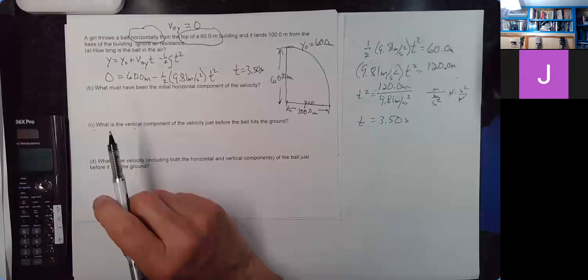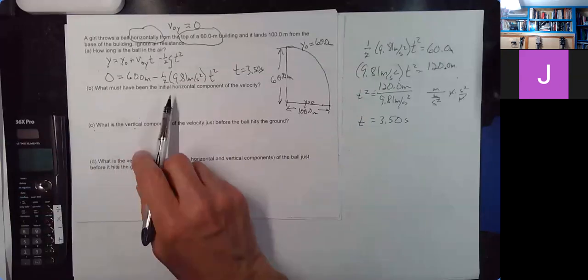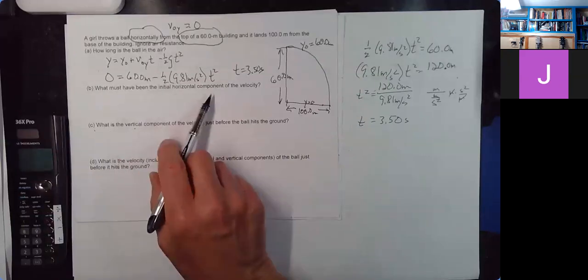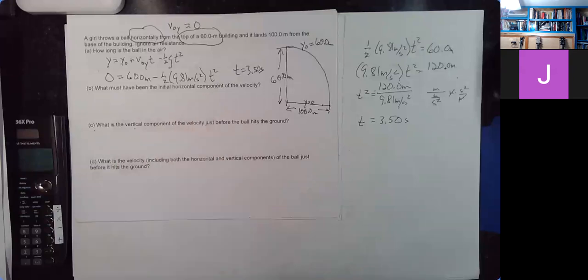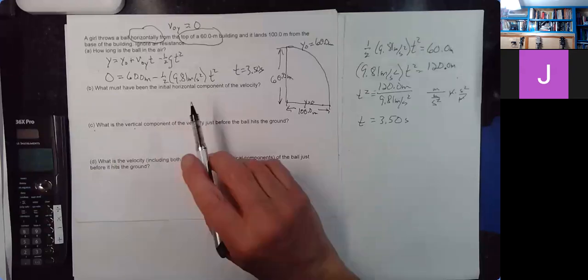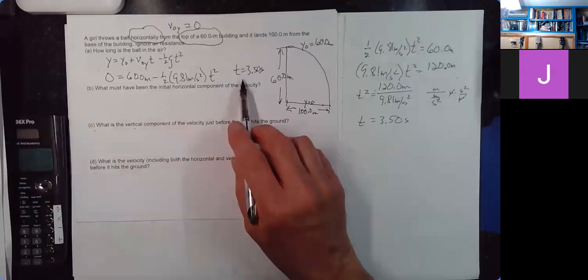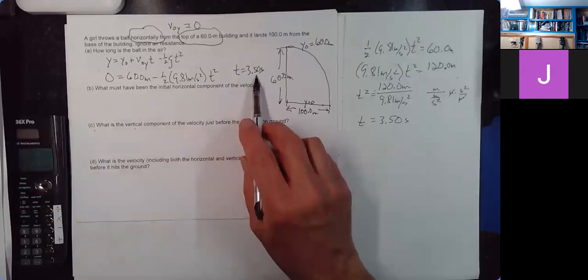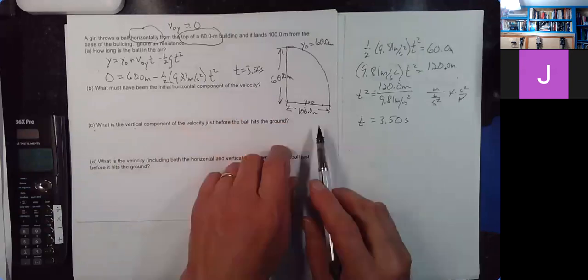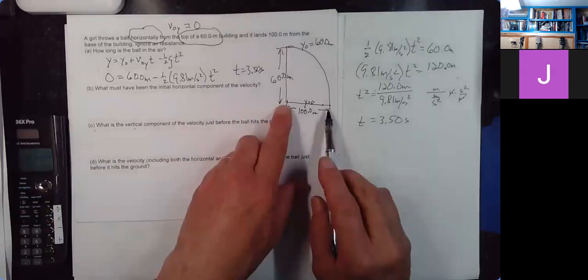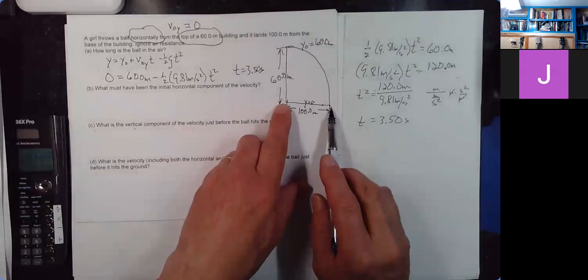Now, what must have been the initial horizontal component of the velocity? How could we possibly figure that out? Well, here's the thing. We know how long it's in the air, and we know that in that time it travels 100 meters sideways.